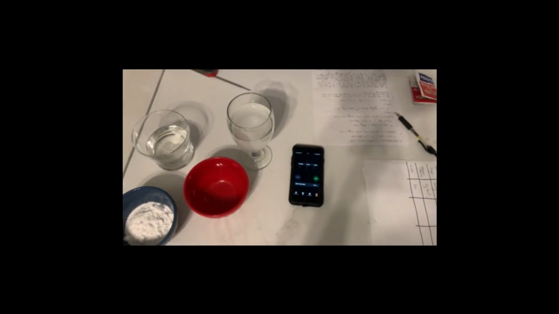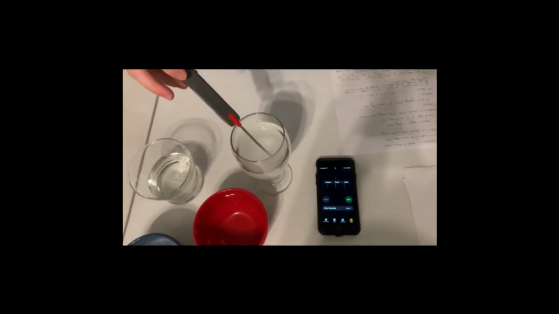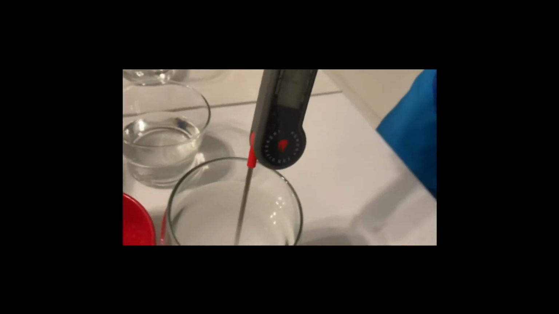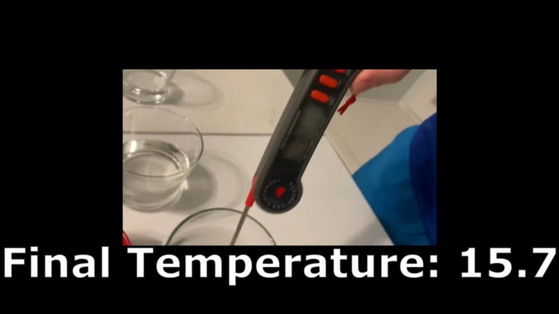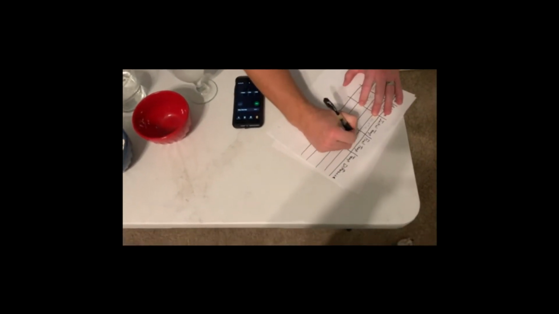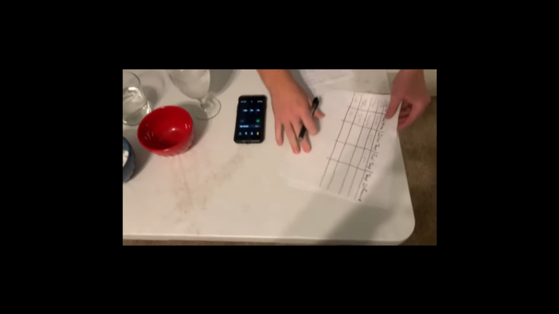All right, so now we're going to check our temperature. Let's see here what we get. Oh, check that out. The temperature is at 15.7 degrees Celsius. That's quite a drop there, 15.7 degrees Celsius.